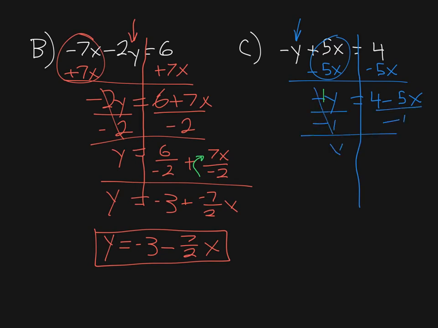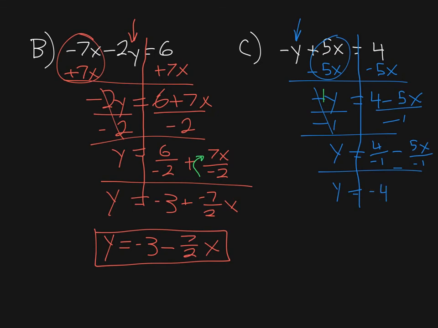I will have y equals 4 over negative 1 minus 5x over negative 1. And when I simplify those, I will have y equals negative 4.